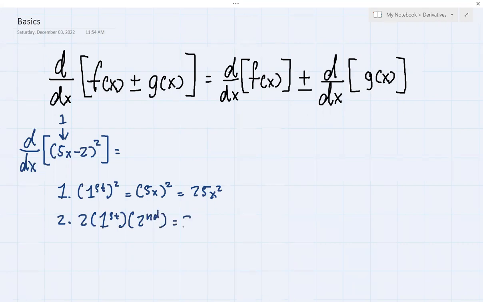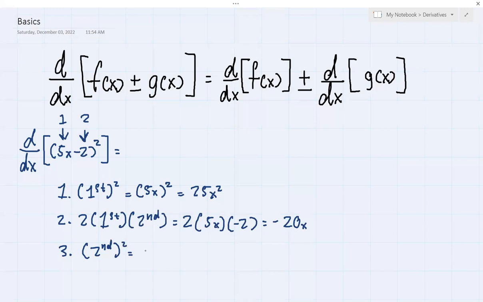So it becomes 2 times 5x times negative 2. 2 times 5x is 10x, times negative 2, which becomes negative 20x. Now, the last step is to square the second term, which is negative 2. The square of negative 2 is positive 4.